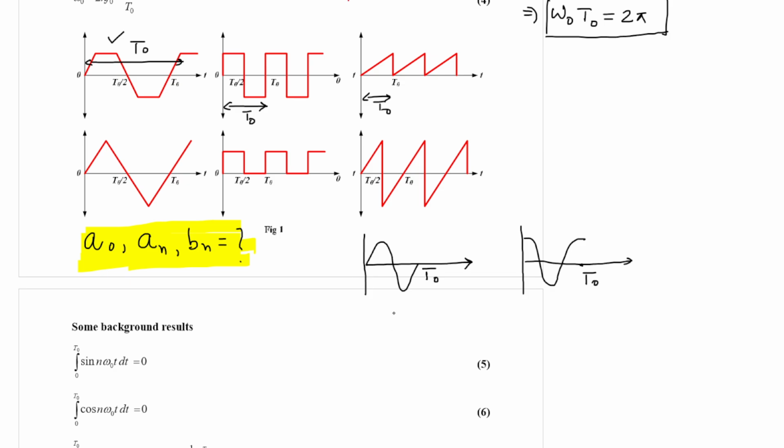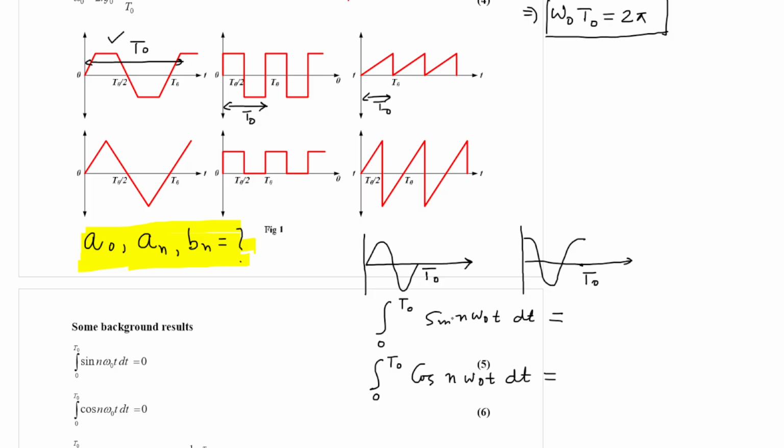Now, if we do the integration from 0 to T naught of sine n omega naught t dt, what will be the result? And similarly, if we calculate the integral from 0 to T naught of cos n omega naught t dt, what will be the result?